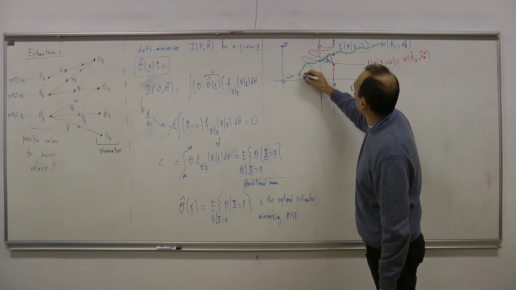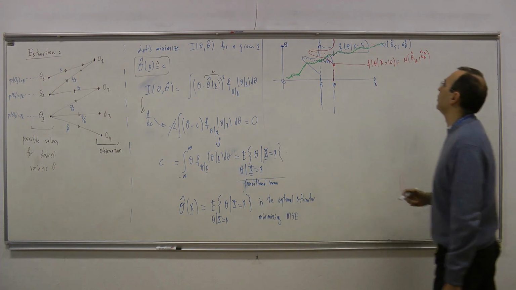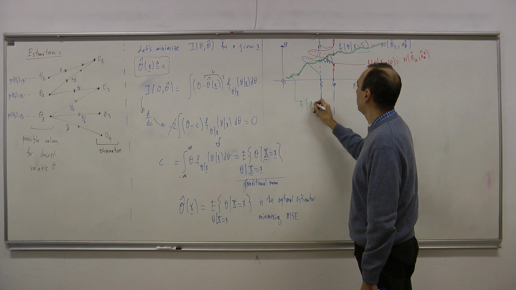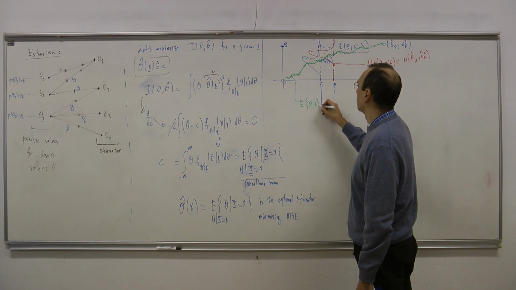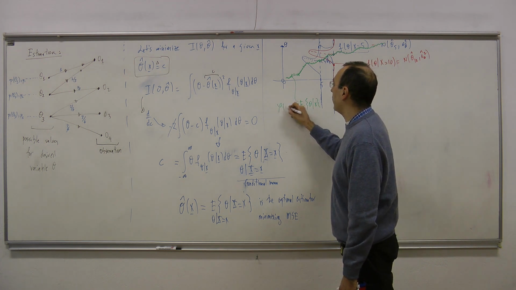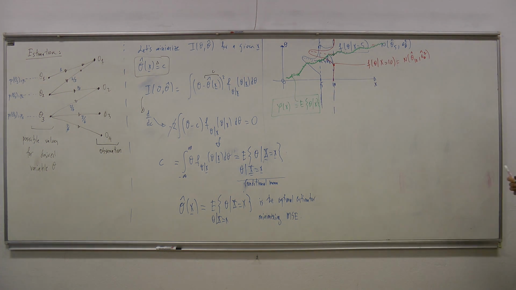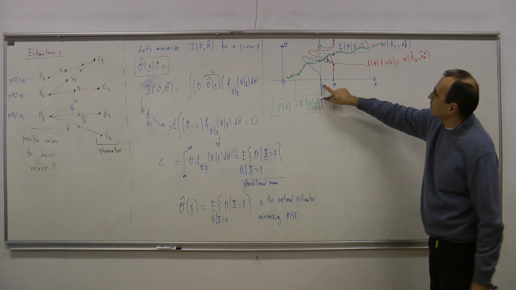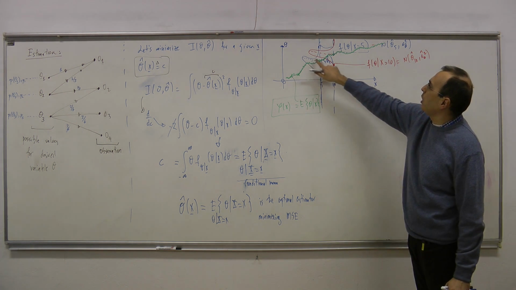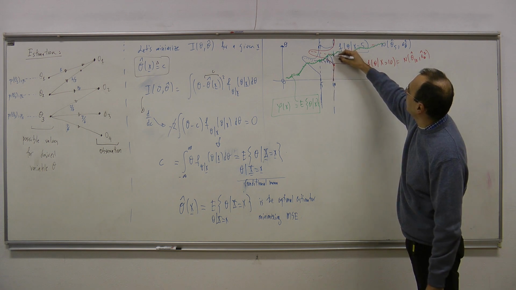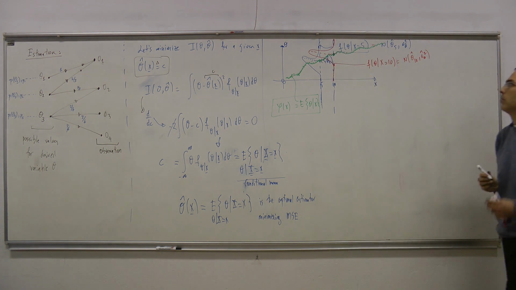Let me correct this part. This green curve is the expected value of theta given X. So this is a function of x, obviously. What do I mean by a function of x? If x is 5, then this green curve passes through this point. If x is 10, it passes through this point, and so on.